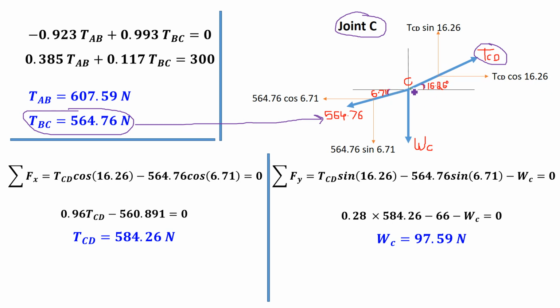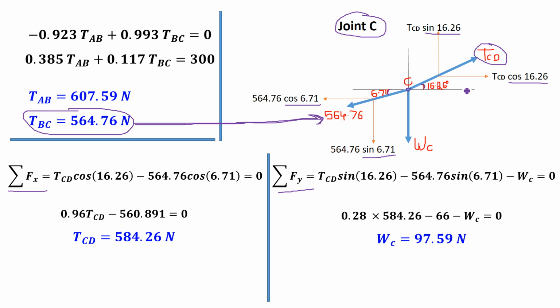Now in this joint C also we have to apply the same equilibrium conditions, summation of Fx equal to 0 and summation of Fy equal to 0. We only have to pick up the value of tension BC from the previous joint. The angle 6.71 is with respect to horizontal, so the horizontal component will be cos and the vertical component will be sine. 16.26 is also with respect to horizontal, so the horizontal component is cos and the vertical component is sine.